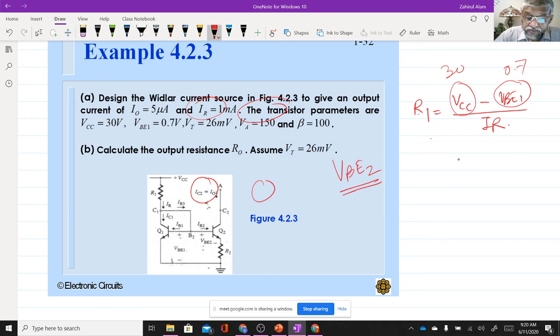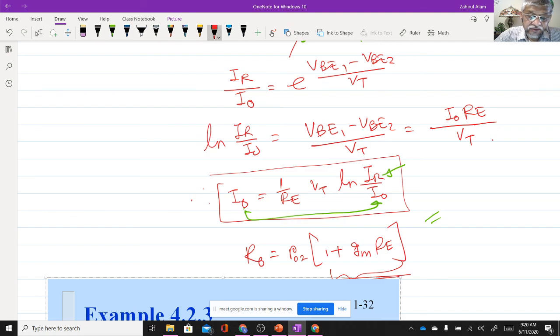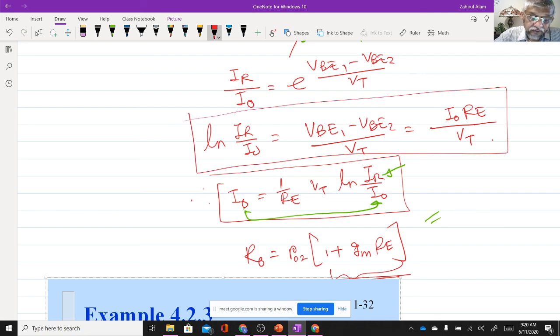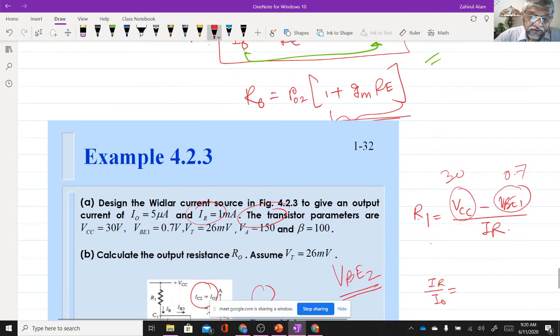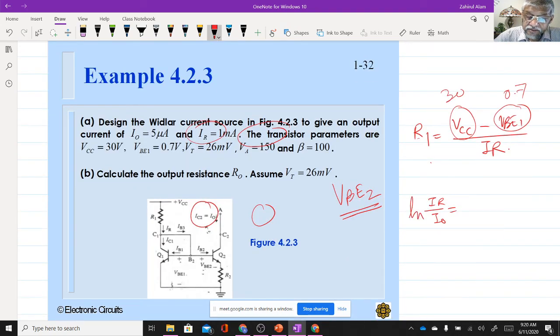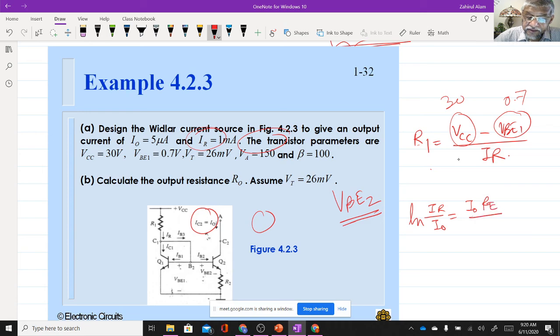VCC is equal to 30, VBE is 0.7, but we need to find IR. But we know the relation between IR and I naught. So let me see again: ln of IR over I naught, then I0 RE divided by VT.